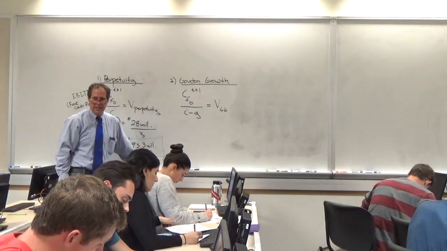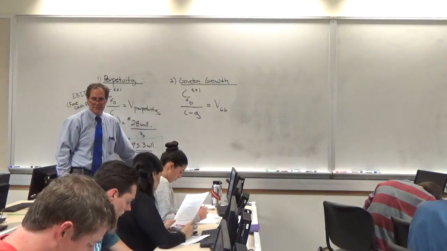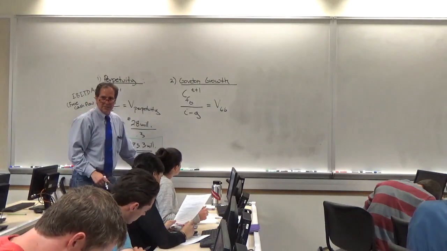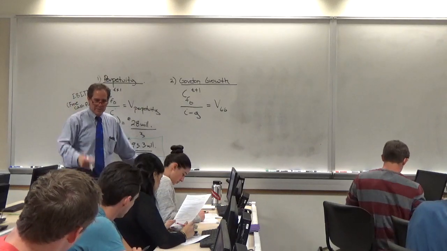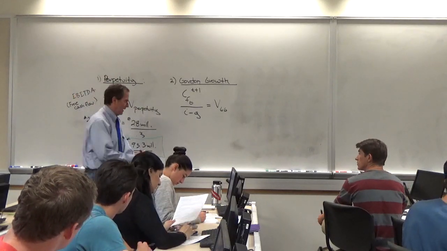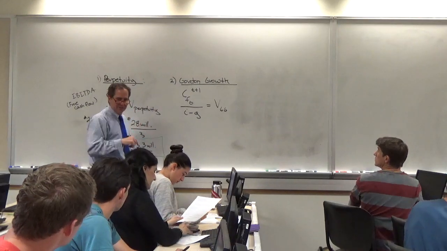And what's next year's cash flow? What's this year's cash flow? 20 million. Got it. What's next year's cash flow? 28. Got it. Are we going to use this year's or next year's? Next year's. Got it.